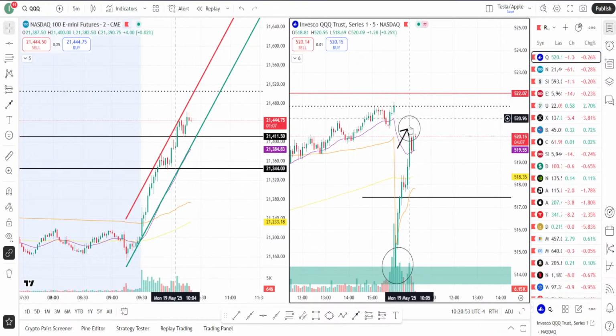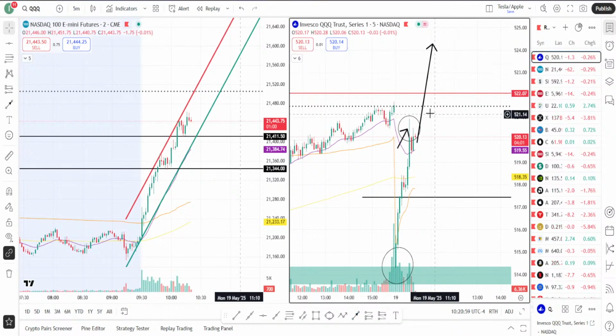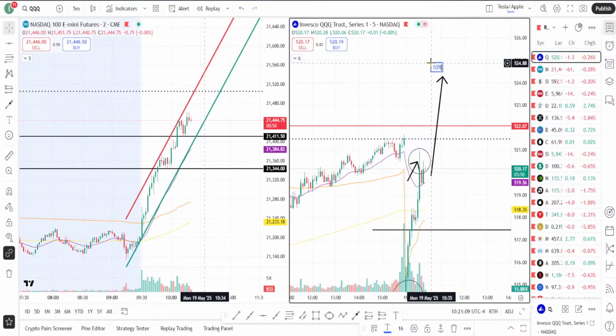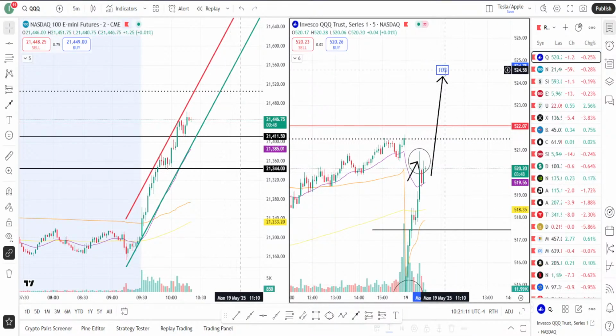Up here, it's very unlikely for price to just continue to go all the way up. I want to give it like a 10% chance.